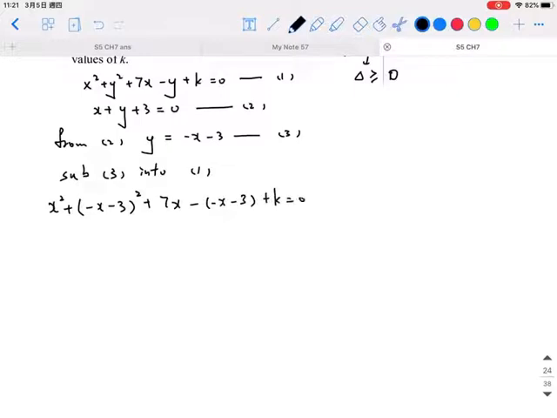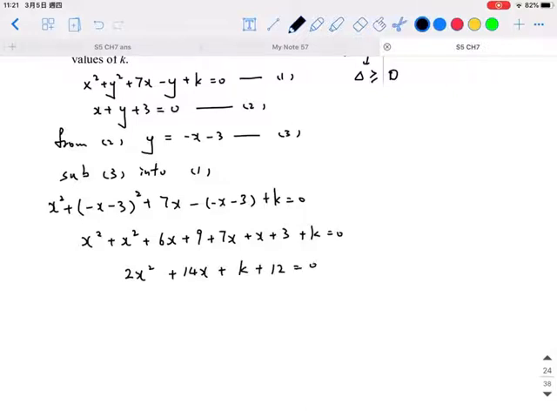squared plus 7x minus (negative x minus 3) plus k equals 0. After you solve the equation, you will get 2x squared plus 14x plus k plus 12 equal to 0.